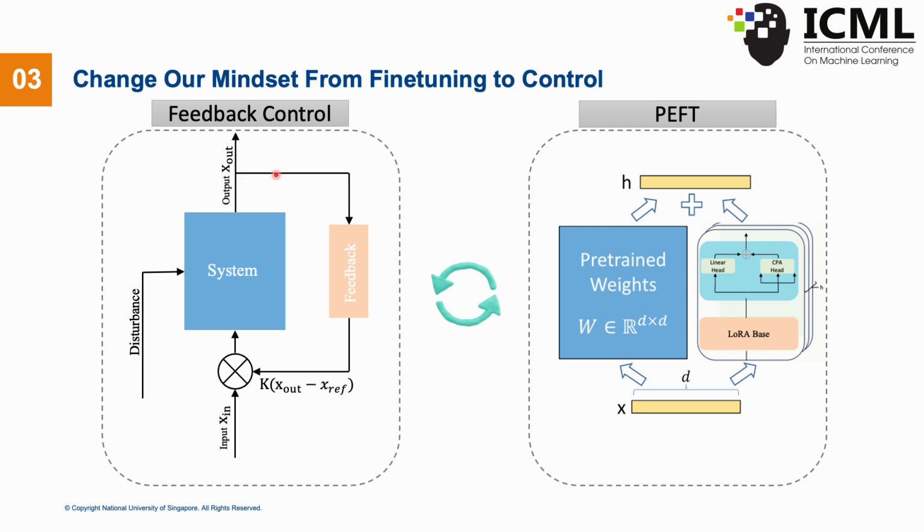So we need to build a feedback control system here. Similarly, in PEFT algorithms, we often leave the base model untouched, and instead we insert some small modules like LoRA layers or adapters. These modules respond to the input and alter the model's output without requiring full fine-tuning. When comparing feedback control and PEFT, you can see these two systems are very similar to each other.